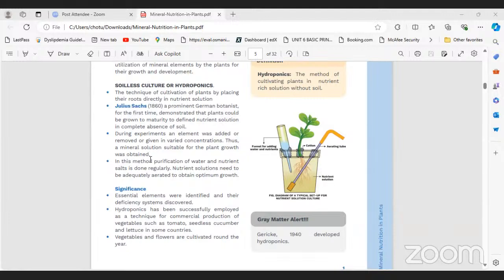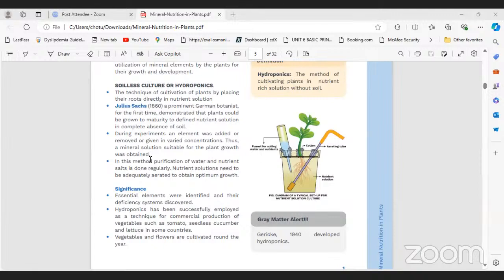MgCaFe. These are macro elements. The rest of the elements: macro, how many? Total 10 is the macro. Remaining: boron, manganese, zinc, copper, molybdenum, chlorine.